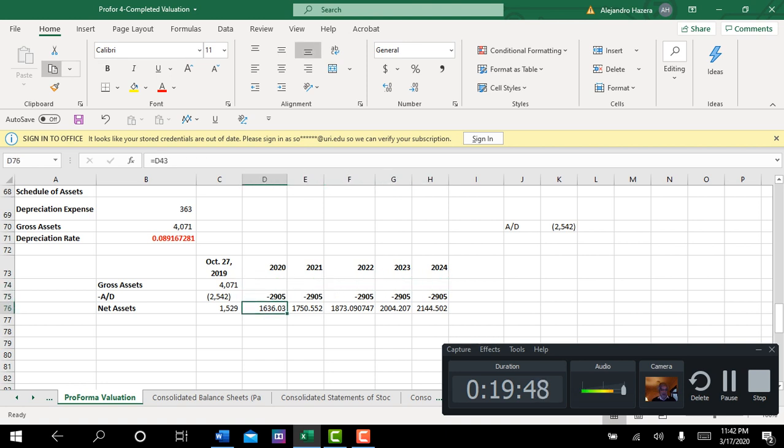So what I'm going to do is take this base year of 2020, add these two numbers together, and that'll give me my base year for my gross assets for 2020. And then when I copy that, all the numbers are going to change so that you'll get the correct accumulated depreciation numbers. Okay, so let's see.